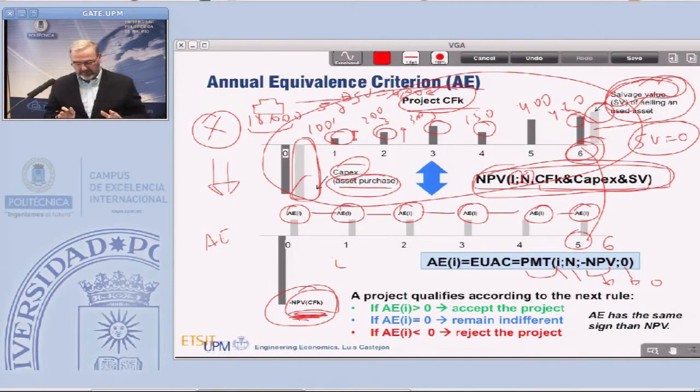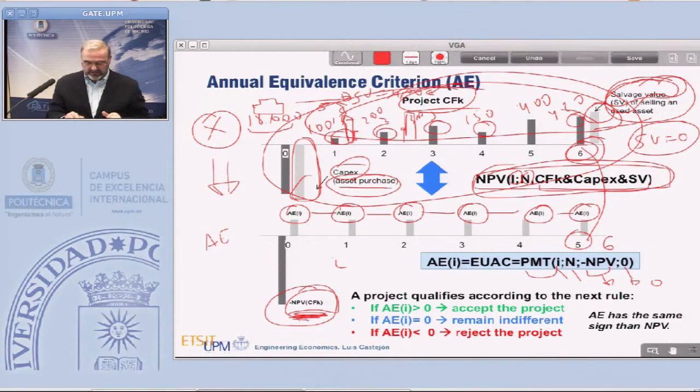That's the most useful aspect of this methodology: we have to compare several projects with different profiles of cash flows. For example, in year 1 they are higher, and the second year higher, and then in the third year they are lower. So we can compare several projects with different profiles of cash flows in an annual equivalent measure.